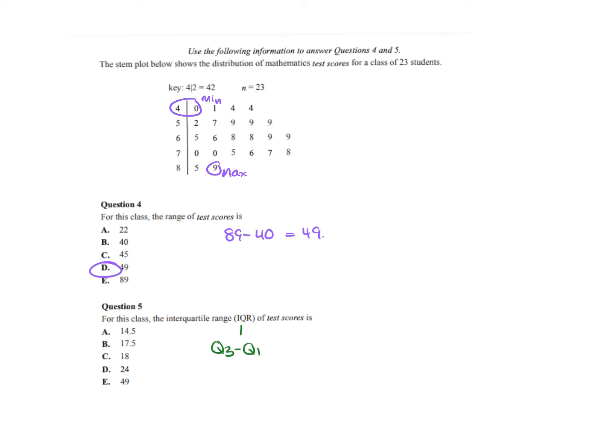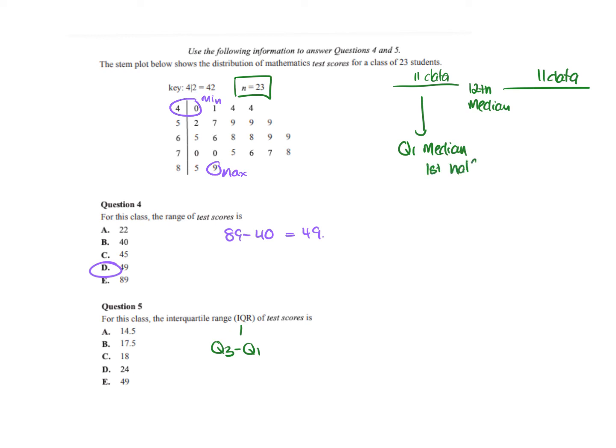If our data is 23, once again the 12th would be the median, and then we'd have 11 data before it and 11 data after it. So Q1 will be the median of the first half. So it would be 11 plus 1 divided by 2, so it's going to be the 6th.